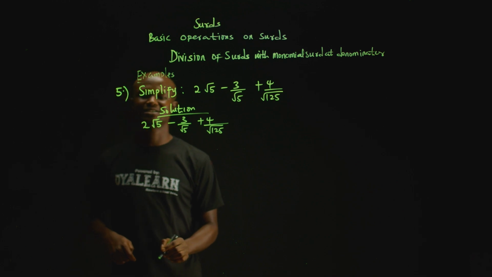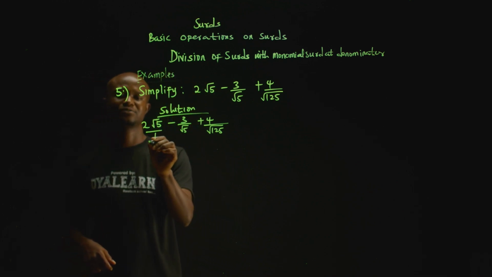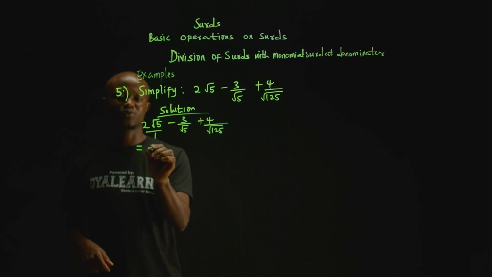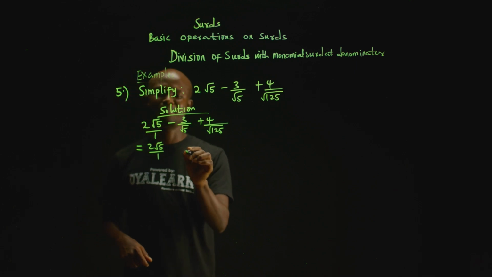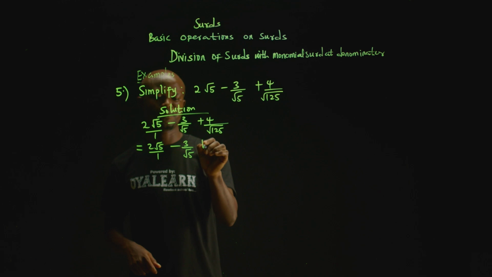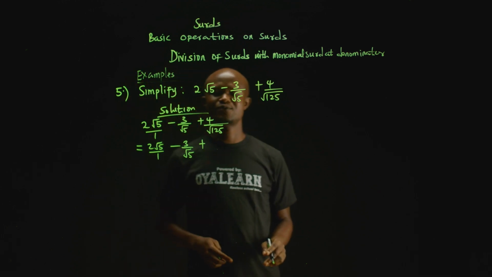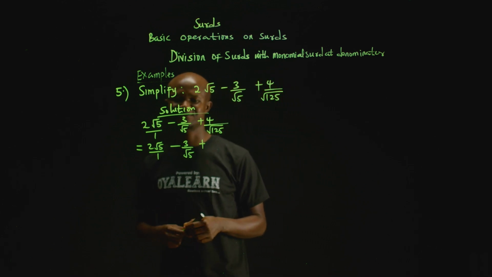Now we can write 2 root 5 as 2 root 5 over 1. So this is equal to 2 root 5 divided by 1 minus 3 divided by root 5, then plus, now looking at this, we have root 125.